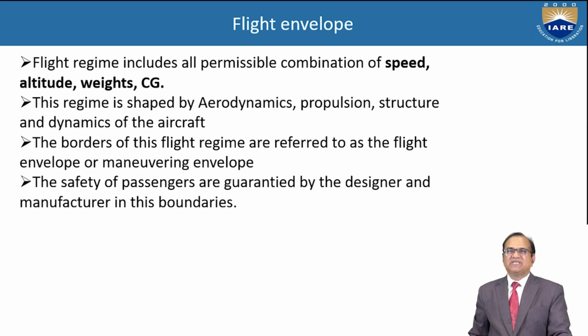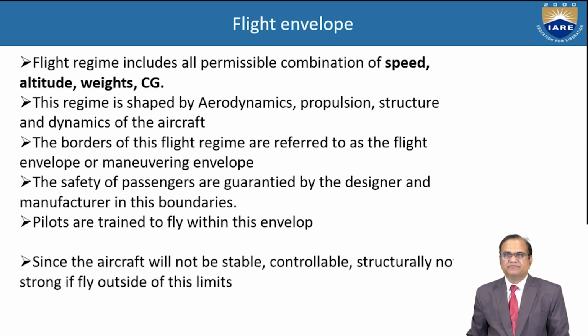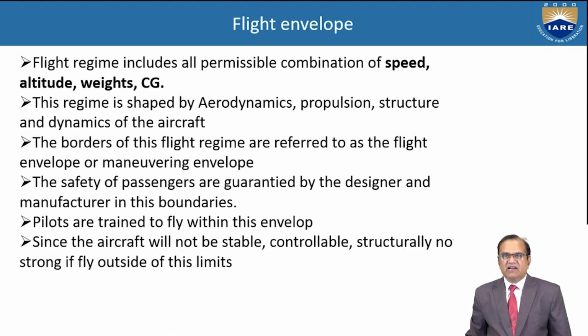The safety of the passengers is guaranteed by the designers and manufacturers within these boundaries. Pilots are trained to fly within this envelope, since the aircraft will not be stable, controllable or structurally strong if flown outside of this limit.